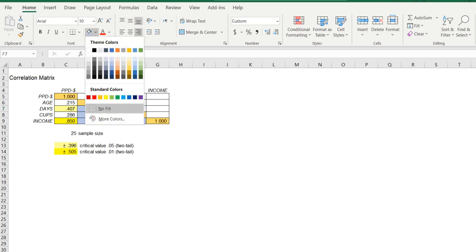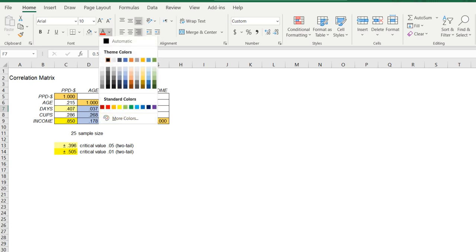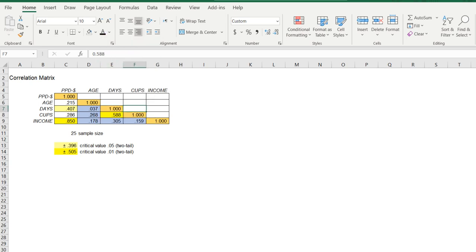Let me go no fill on this one. Anyway, you don't need these numbers up here. They're just a mirror image of the numbers below the diagonal. So that's what this correlation matrix is good for.